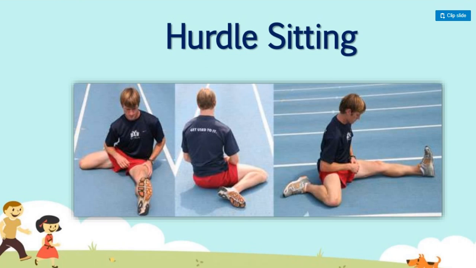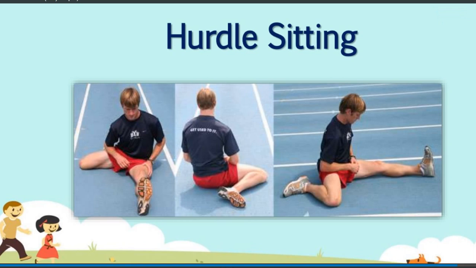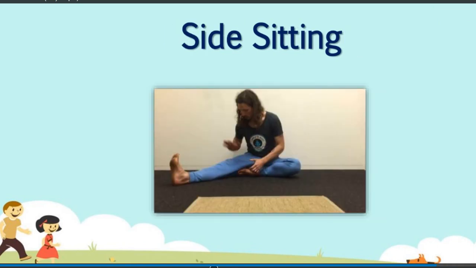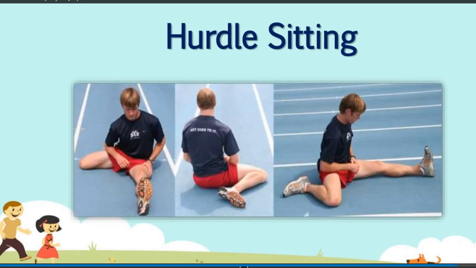Hurdle sitting, as compared to side sitting, wherein your bent leg is in front of your body, for hurdle sitting, your bent leg is bent at the back, while your other leg is at the front and it is in a straight position.